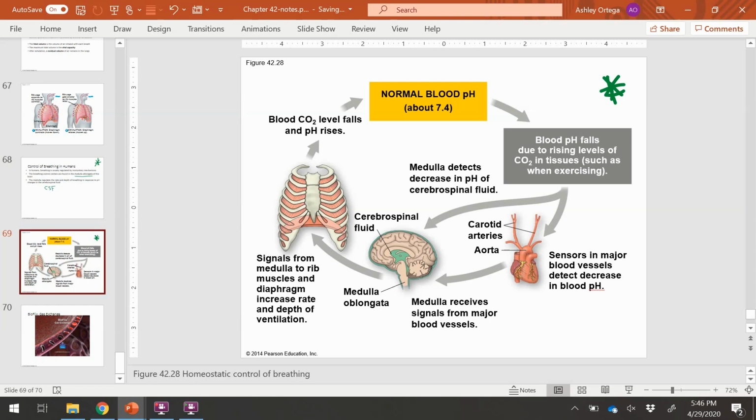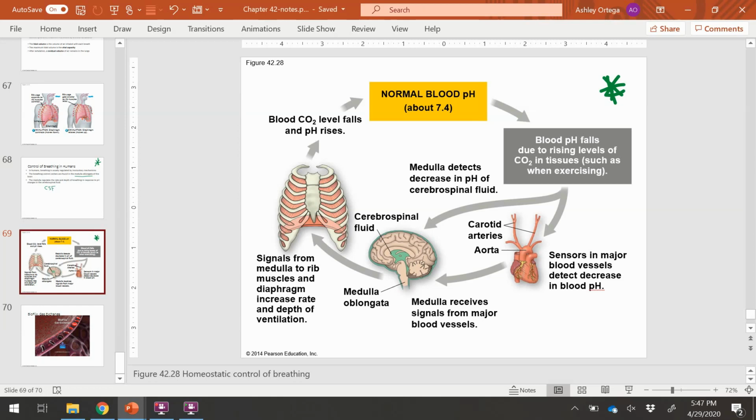Our normal blood pH is about 7.4. This pH will fall lower when carbon dioxide is increased in the tissues. When carbon dioxide gets added to the blood, it forms carbonic acid and bicarbonate, which lowers the pH.